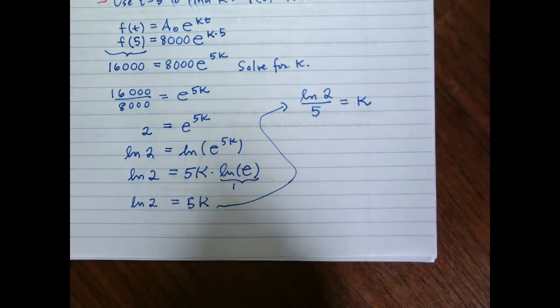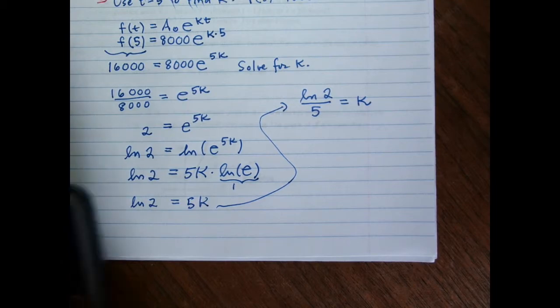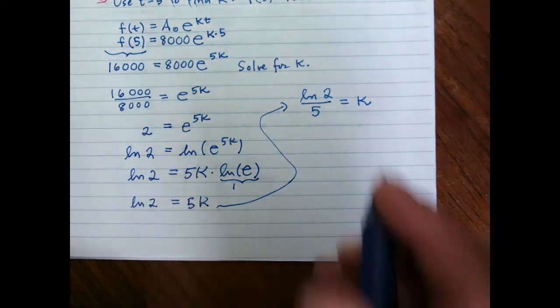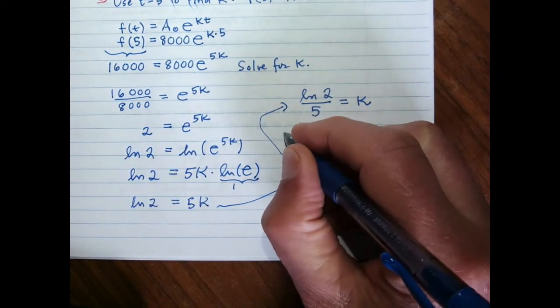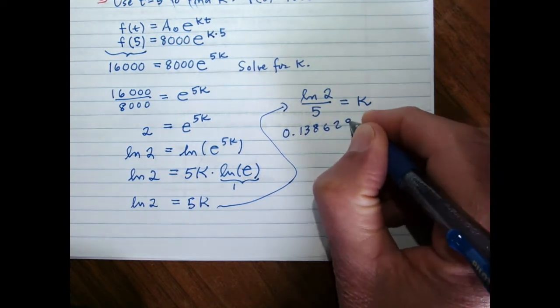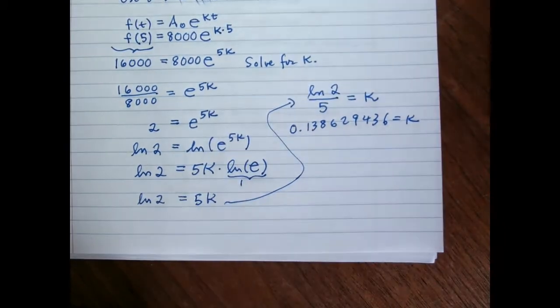And I need a decimal here. So let's see, ln of 2 divided by 5 on my calculator. I see a long stream of decimal places, 0.138629436 equals k. You don't have to write that much down.